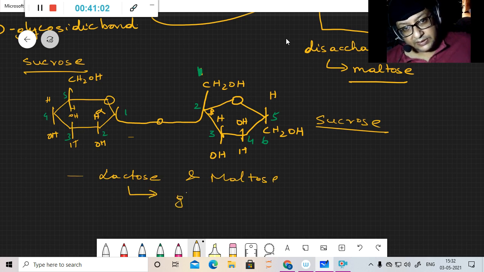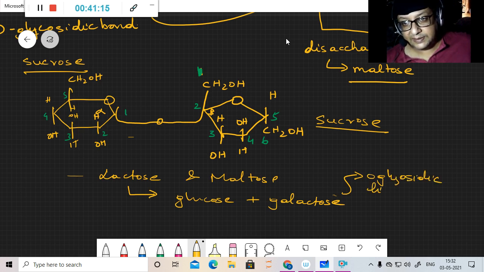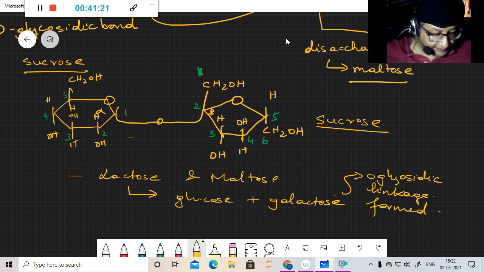Lactose is glucose plus galactose, where you have a glycosidic linkage formed.